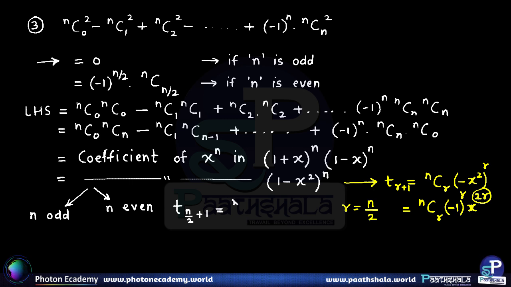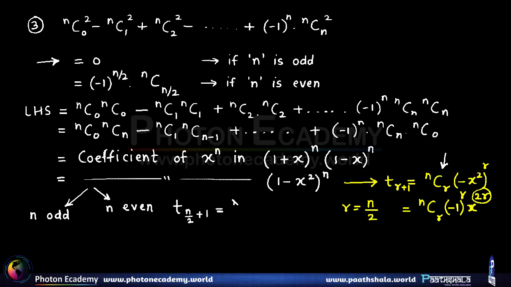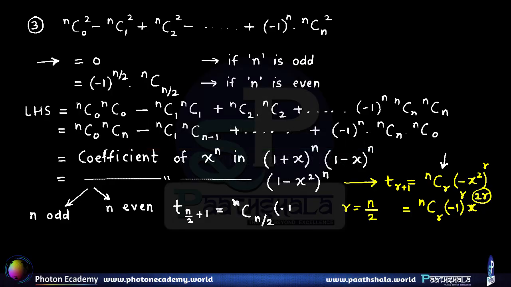In this particular term we simply put r as n by 2, that is nC(n by 2) into (minus 1) raised to n by 2 multiplied with x raised to 2r.